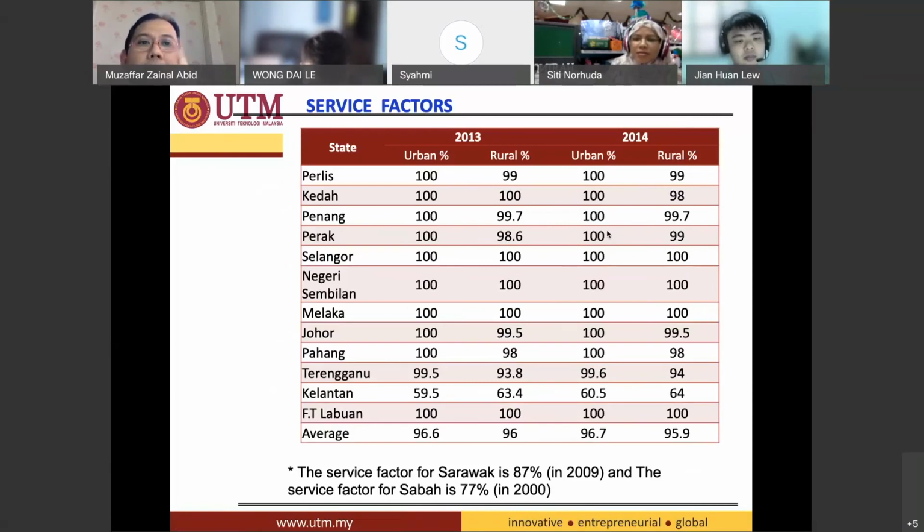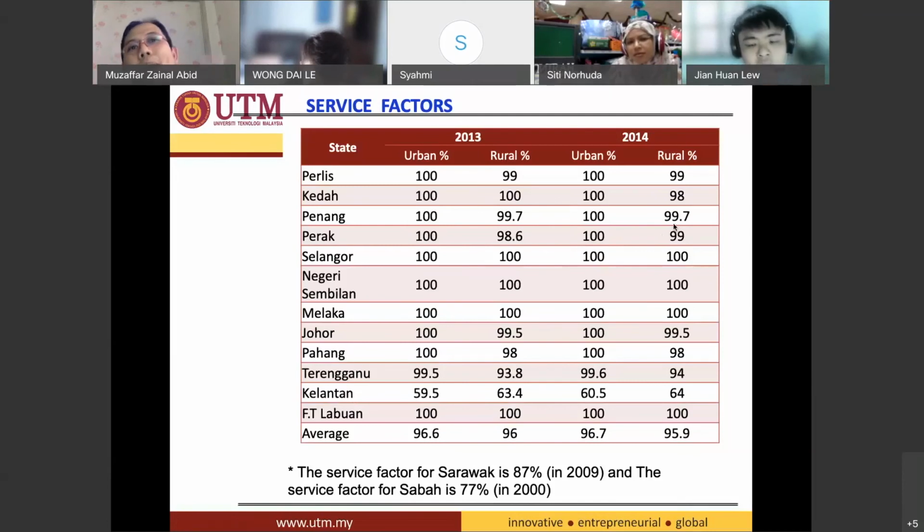So that means 1. What they are trying to say is everywhere in urban area in Perak, they obtain clean treated water. 100% people obtain clean water. But when it comes to the rural people, about 99%, or 0.99, is the service factor, receiving treated water.